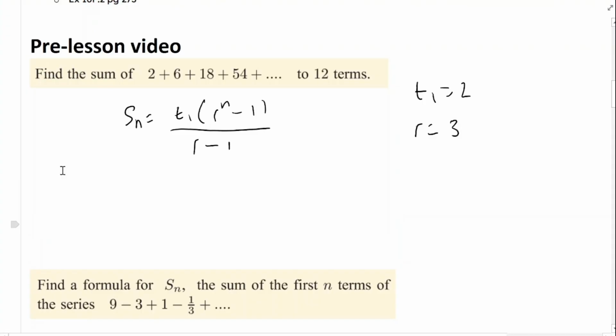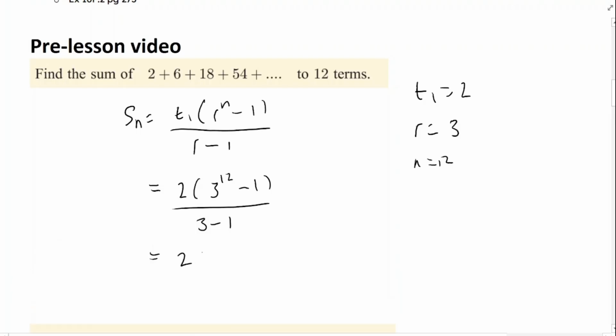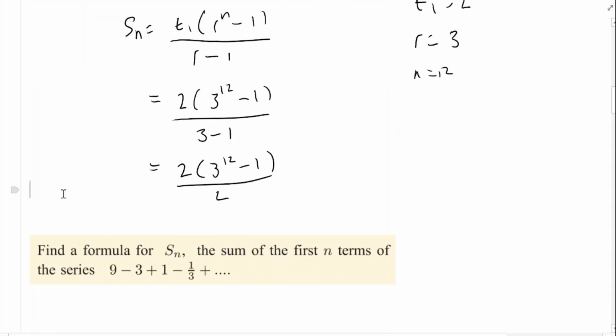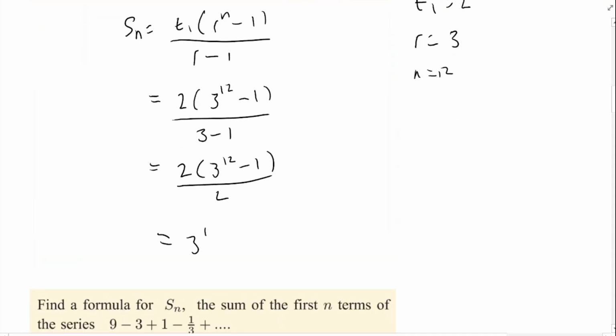And n is going to be 12, because we're looking at the first 12 terms. So this is 2 times 3 to the 12 take 1, over 3 take 1. Essentially, this just gives us 2 times 3 to the 12 take 1, over 2, or if you like, that's just 3 to the 12 take 1.